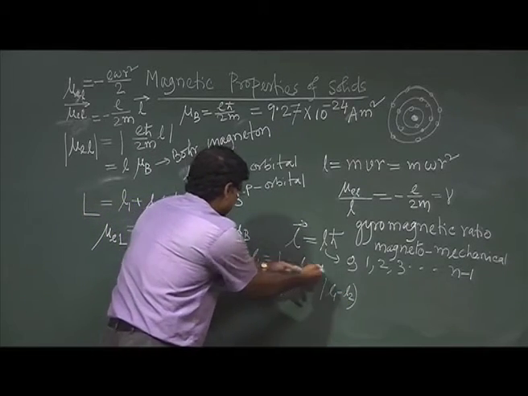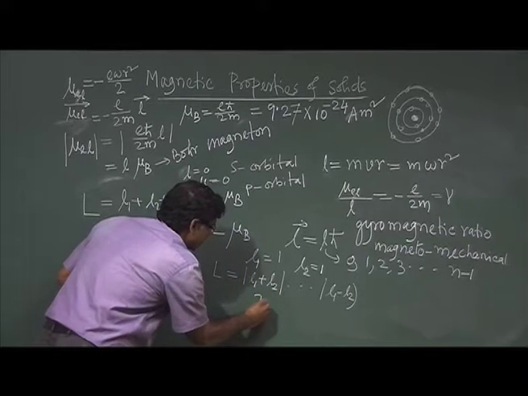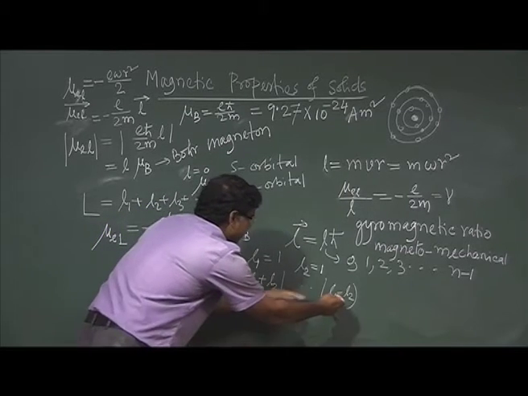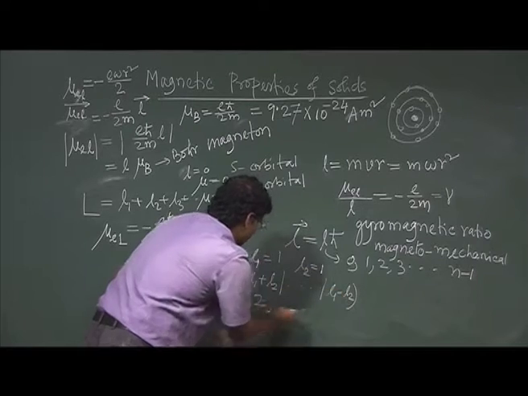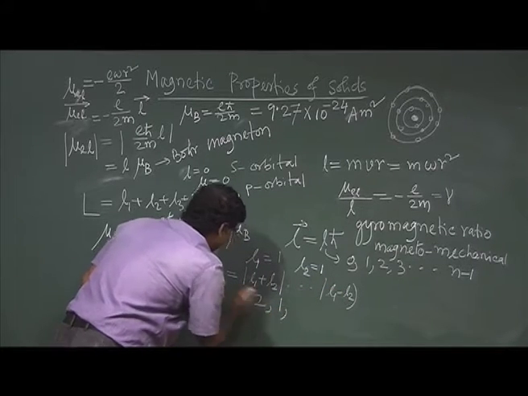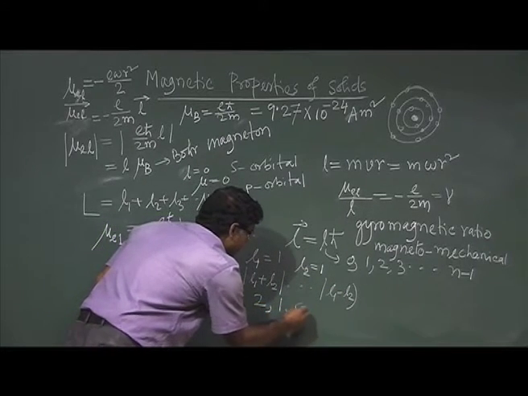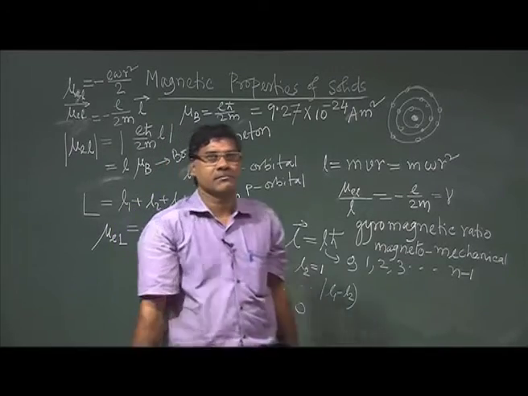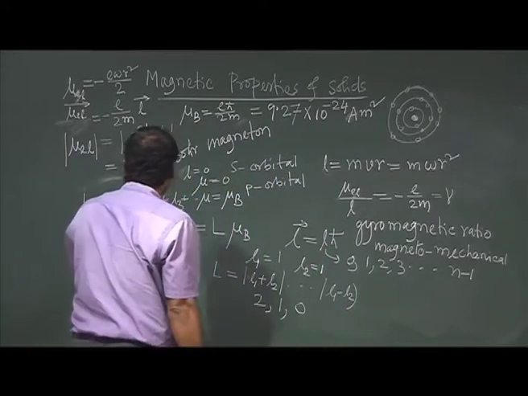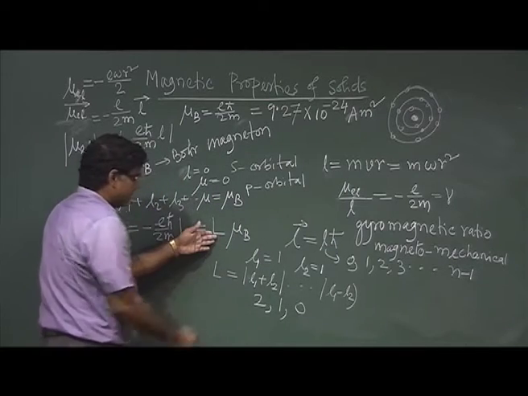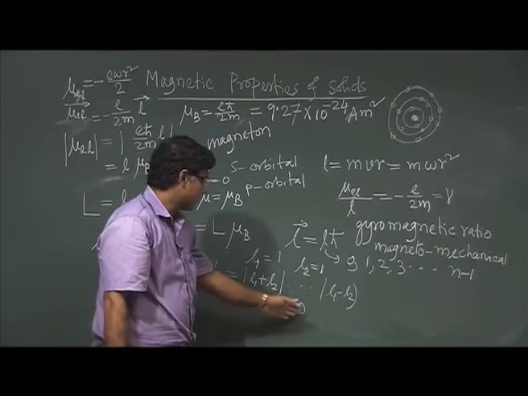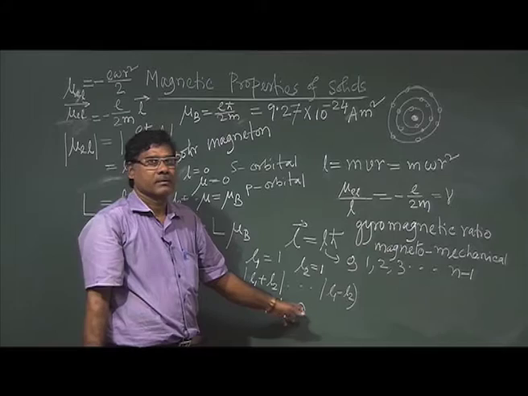So, L1 plus L2 is 2, and L1 minus L2 is 0. So, this L value will have 2, 1, 0, okay. So, resultant L can have 2, it can have 1, it can have 0, okay.